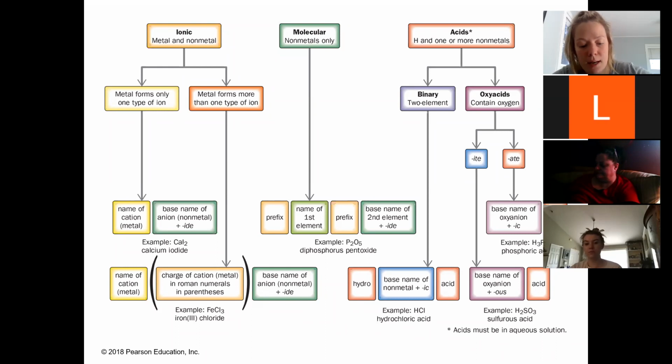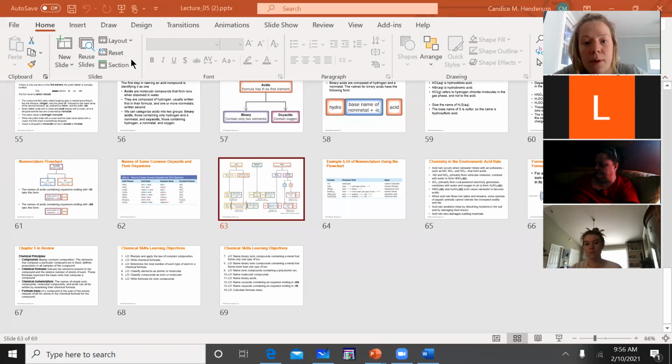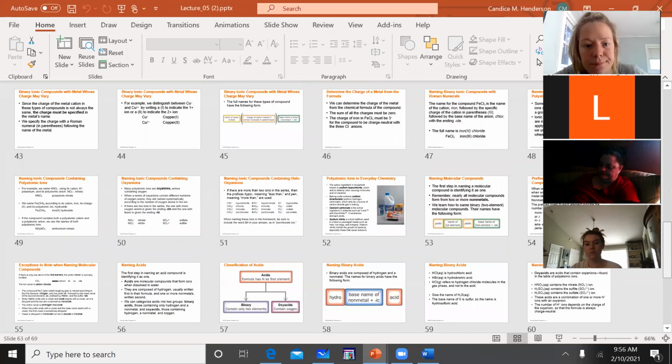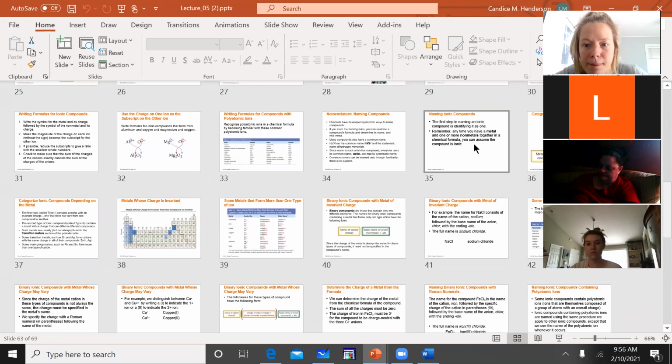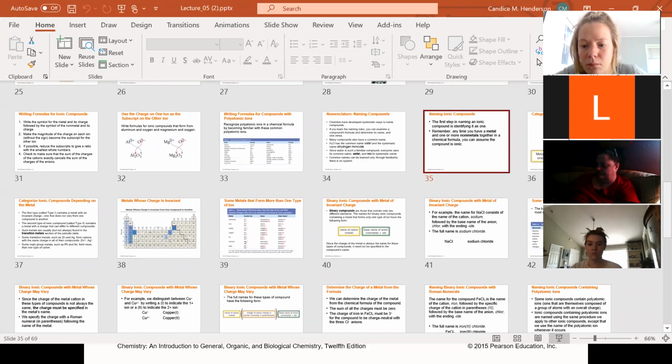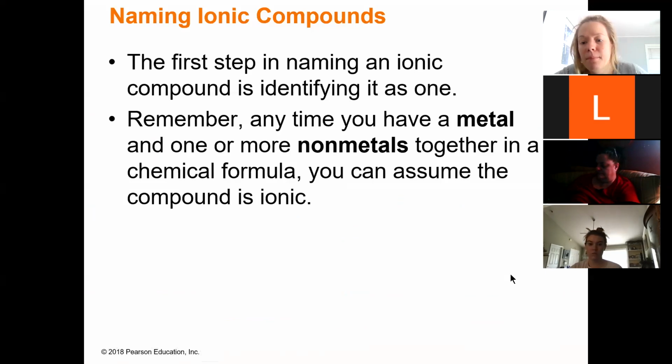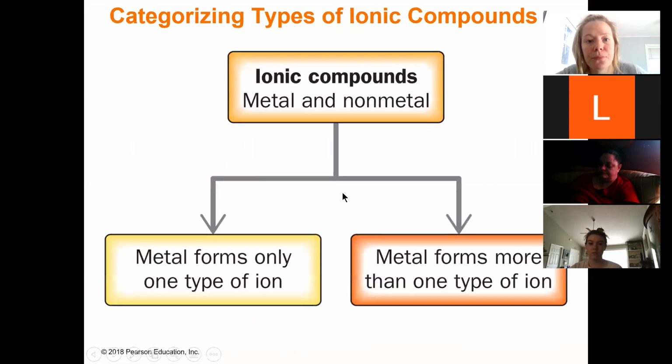Now, if we've decided that it is ionic, what are we going to do? Let's go back up here. So we want a metal combined with a nonmetal.